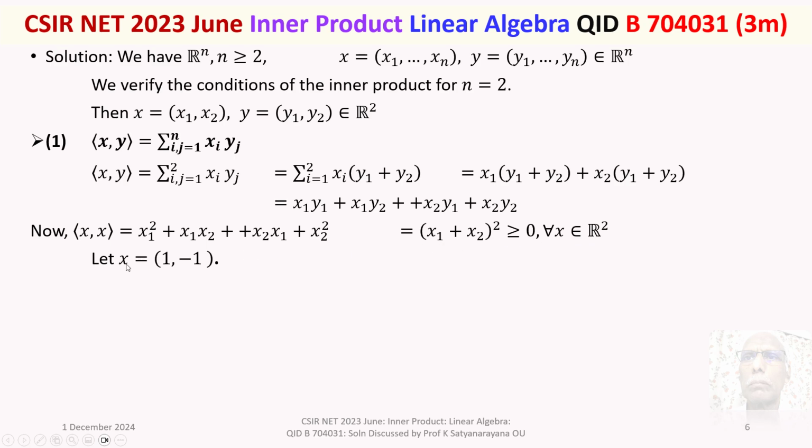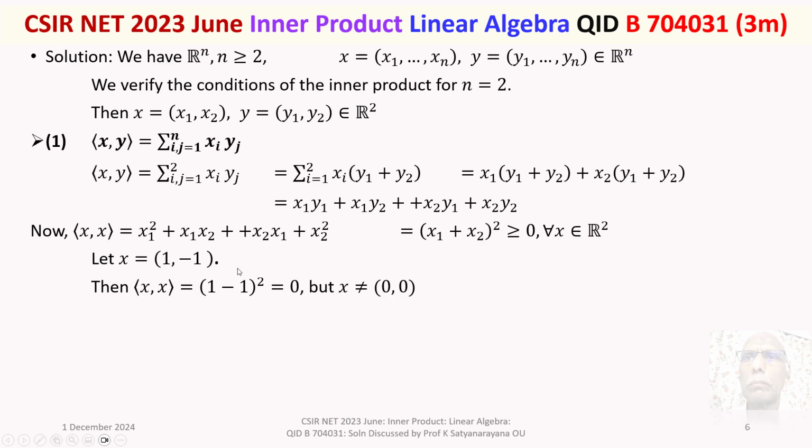Now let x be the ordered pair 1 comma minus 1. Then the bracket x comma x will be equal to, for x1 we write 1, for x2 we write minus 1, so 1 minus 1 whole square, that's equal to 0. So x comma x is 0, but x is not 0.